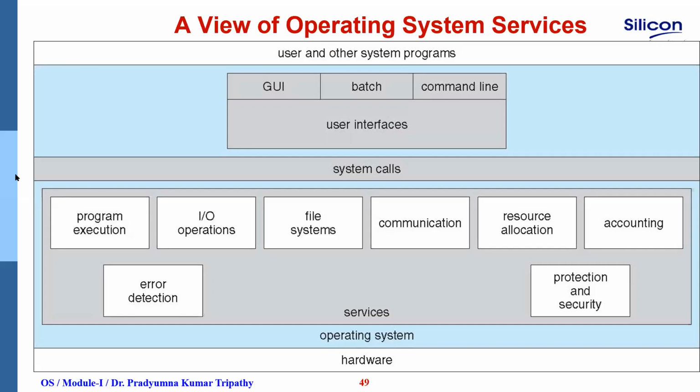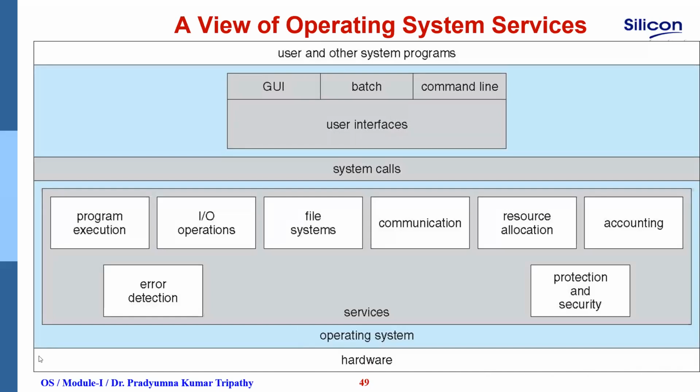So look over here. The first part that you can see is the user or other system programs. There are some programs over here. These are some user interfaces: GUI, batch, command line. These are some user interfaces, and this is the program that is executing. If an instruction is given through the user program, who is actually going to execute it?